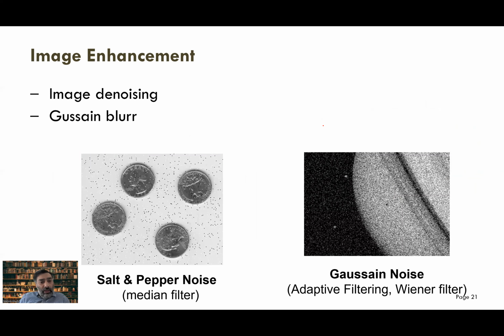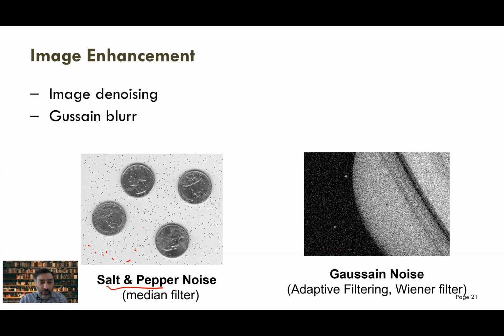Now, during image enhancement, we have to look at image denoising all the time. Most of the time, images have some sort of noise in them. One of the most common types of noise is Gaussian noise, where the noise has some sort of bell-shaped curve. Another type of noise is salt and pepper noise. Usually in old pictures or old images, you see that salt and pepper type noise.